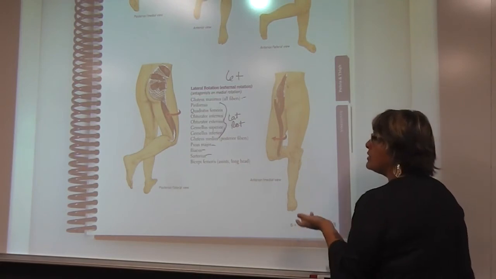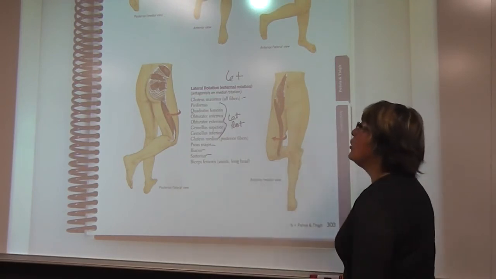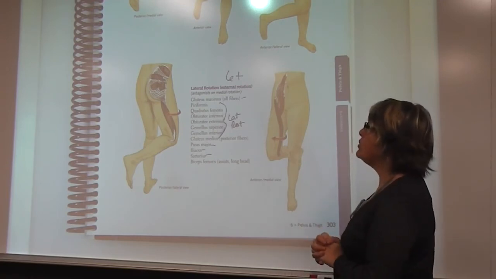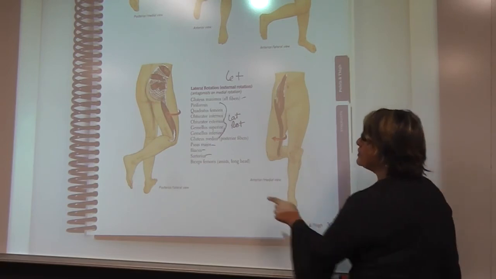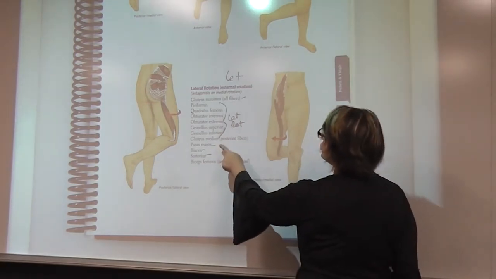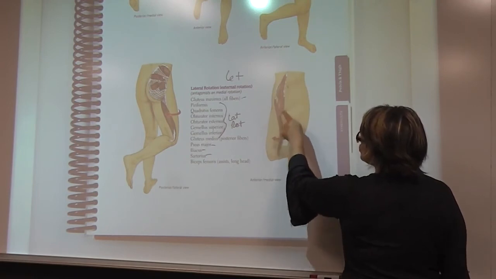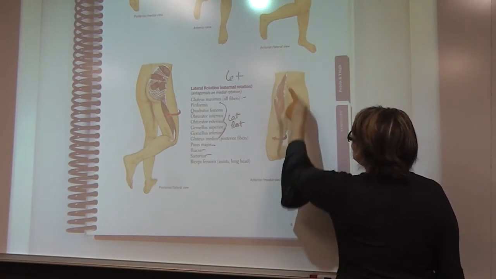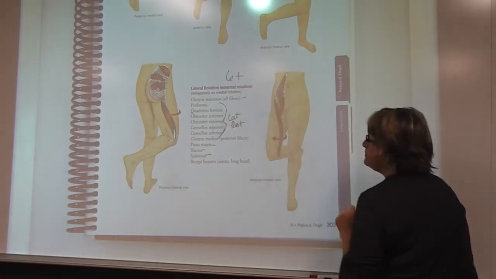The harder ones to think about, psoas major and iliacus. Why do you think that they would do lateral or external rotation? You have to think about what they're attaching to. Over here, lesser trochanter. So when they fire or contract, they're going to be doing that lateral rotation.